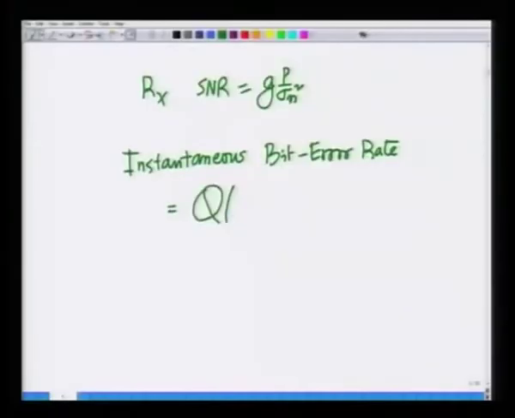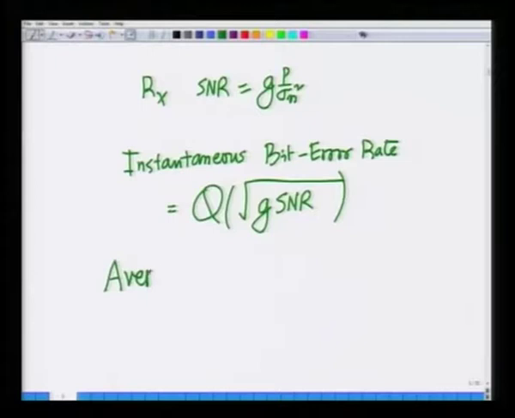Hence, in this case the instantaneous bit error rate is nothing but Q of square root of G times SNR, where SNR is P over sigma n squared. Now, to get the average bit error rate from this instantaneous bit error rate, I have to average this Q of square root of G SNR, which is a function of G, over the distribution of G.